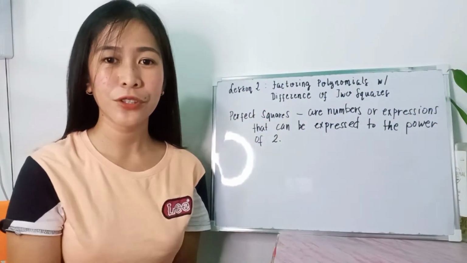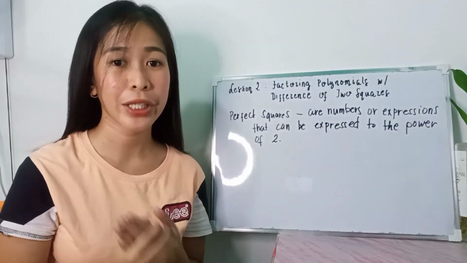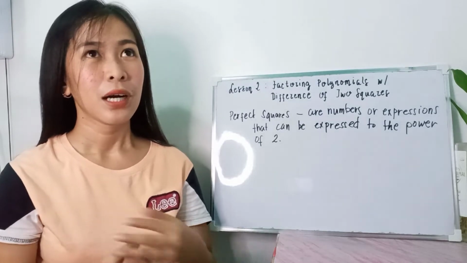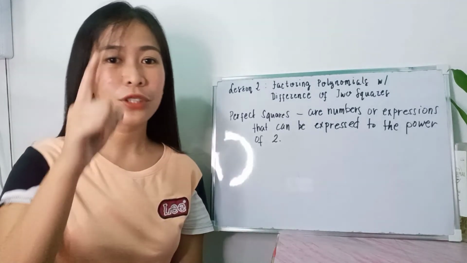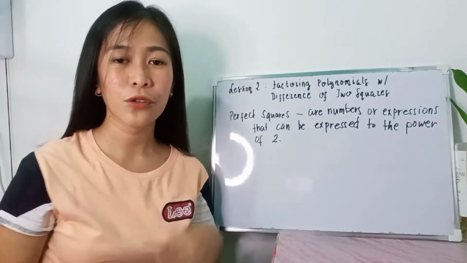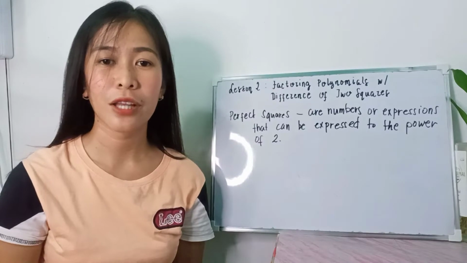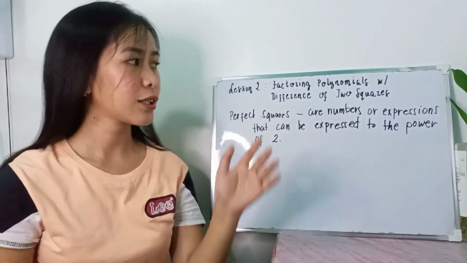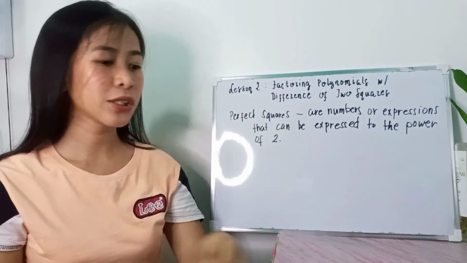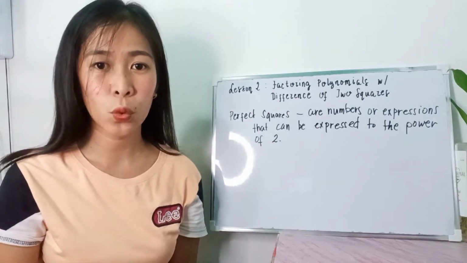Okay, so kung nauna nyo itong mapanood kesa dun sa una kong ini-upload, balikan nyo muna to. Ililink ko dito sa taas yung link ng unang video about factoring polynomials with common monomial factor. Kasi ito ay second lesson after that, and this is factoring polynomials with difference of two squares.